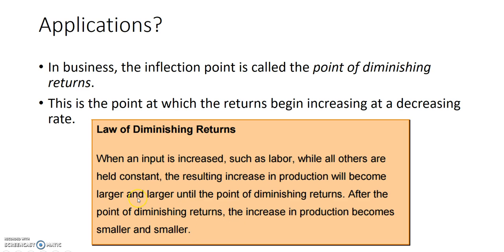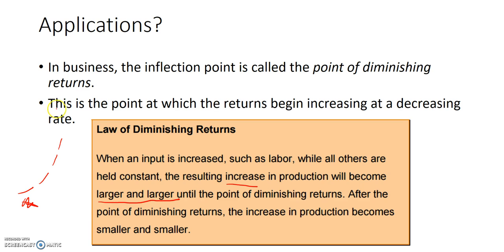So notice there are a couple of things to take into account here. First of all, we're not arguing that your returns are decreasing. We're just saying that the increase in production will become larger and larger. So the increase in production becomes, first of all, positive, and then it's more positive and more positive until the point of diminishing returns.